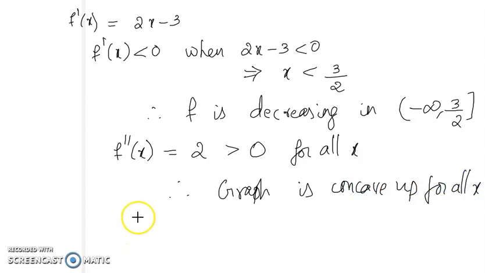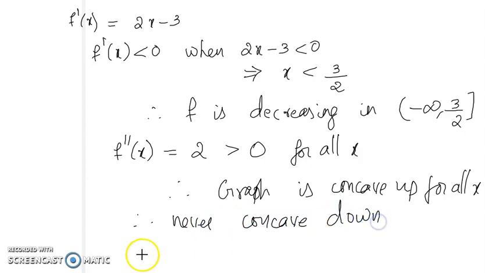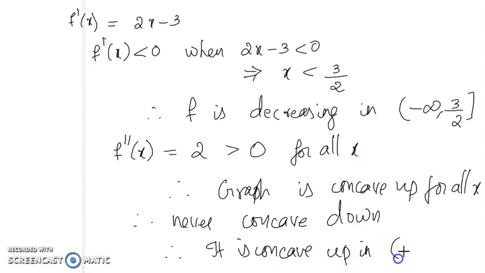So it is never concave down. Therefore it is concave up in the interval minus infinity to infinity.